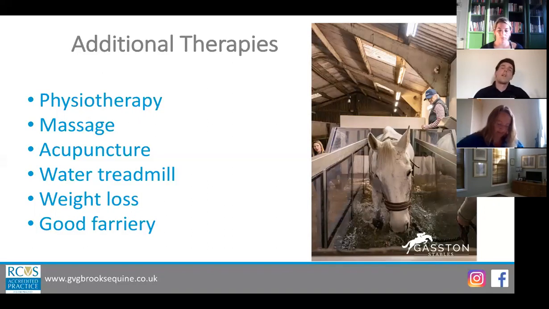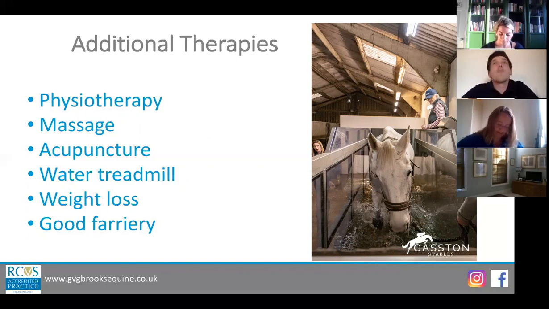Water treadmill, I know these are growing in popularity, and we've got a couple of clients with water treadmills on their yards. I think there's benefits of water treadmill work for lots of horses, but especially those with mobility issues.